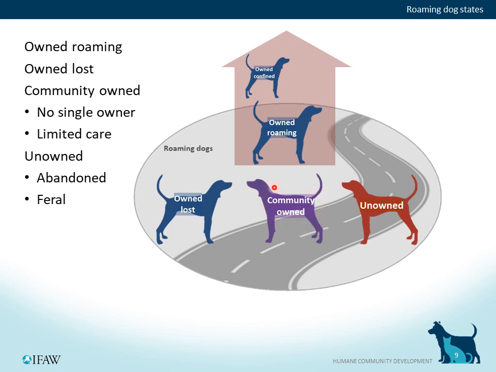So here we have our community-owned dog population. They have no single owner, but several households within the community are providing limited care, usually food, sometimes water, sometimes shelter. And then over here, we have this unowned dog population that has no specific or regular care provided by anybody. Now, these are usually abandoned owned dogs.